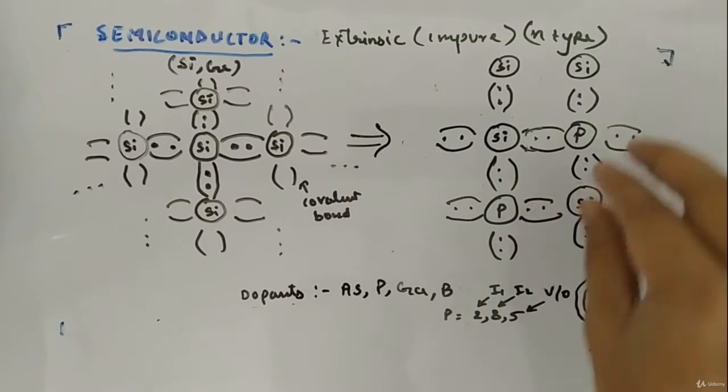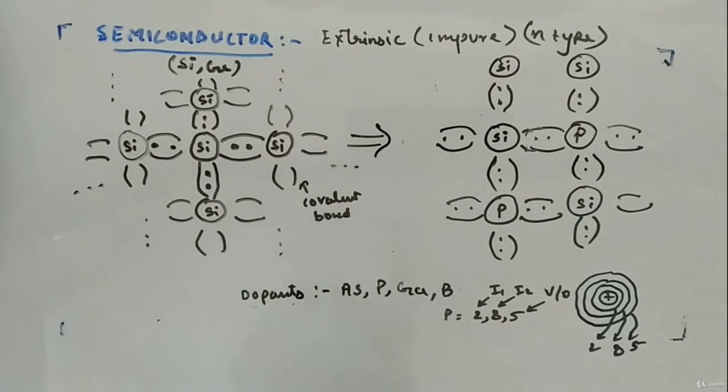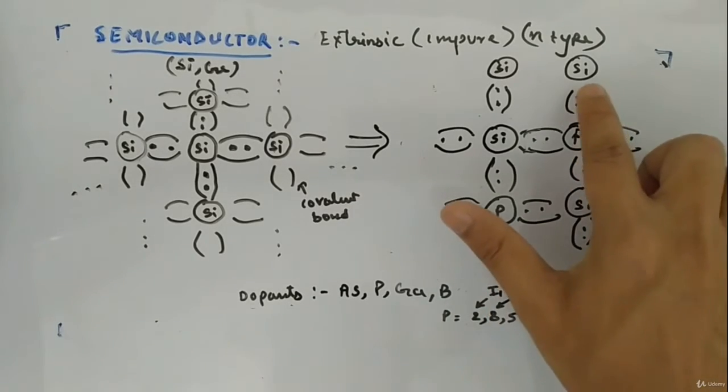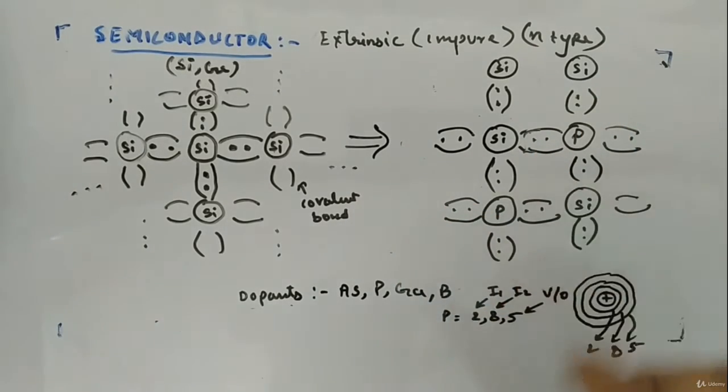So some of the phosphorus atoms will occupy the position of silicon. That is what will happen when you put in the phosphorus impurity. Now what will happen? Out of 5, 4 will make bonds with silicon. You can see this phosphorus made bonds with silicon.